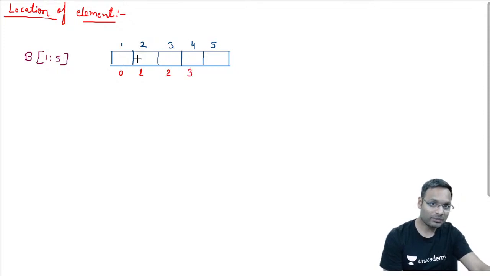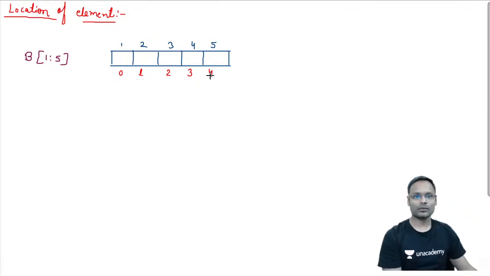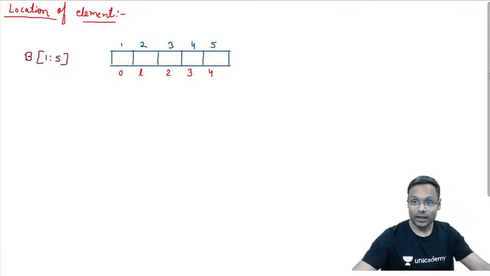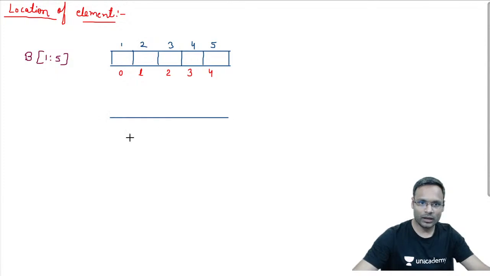How many elements before this? 4. Understood? Now, let me take a few examples. After that only we will see how to get the formula. सारी चीजें देखेंगे एक एक करके. First let me see exactly how the formula comes.